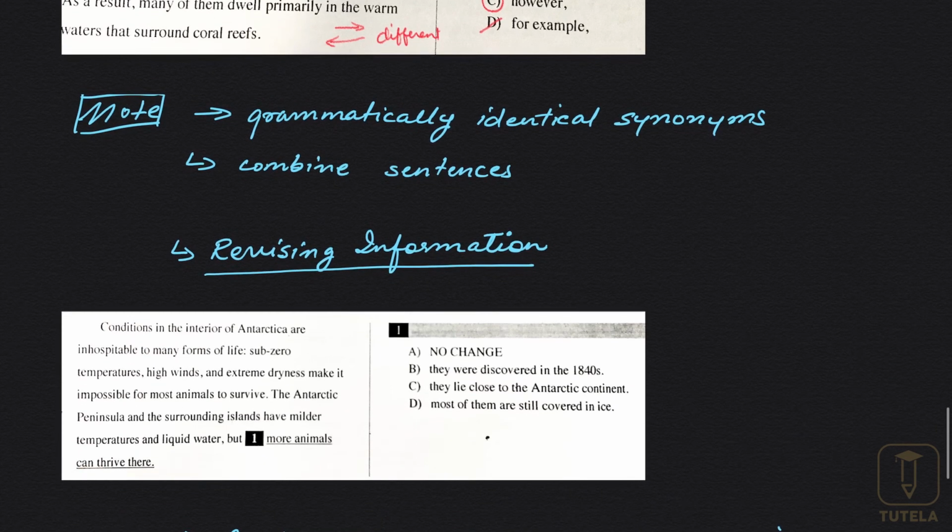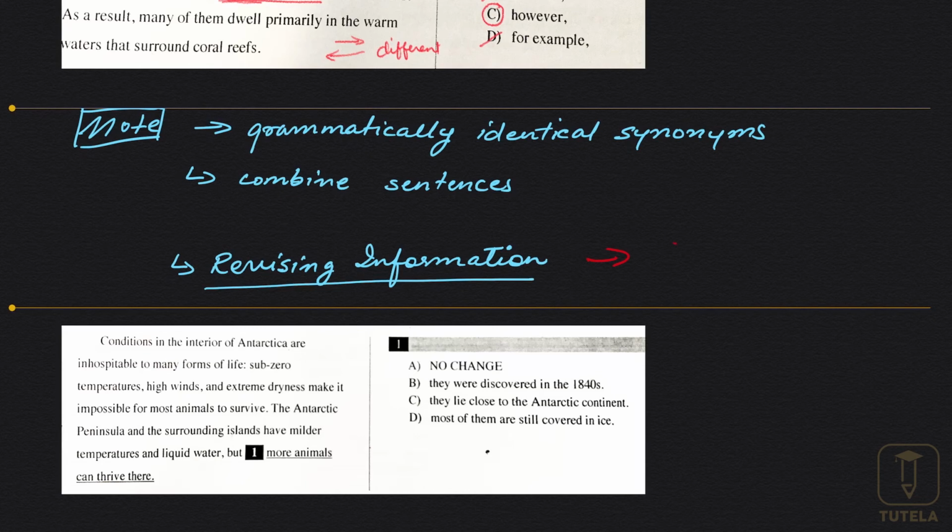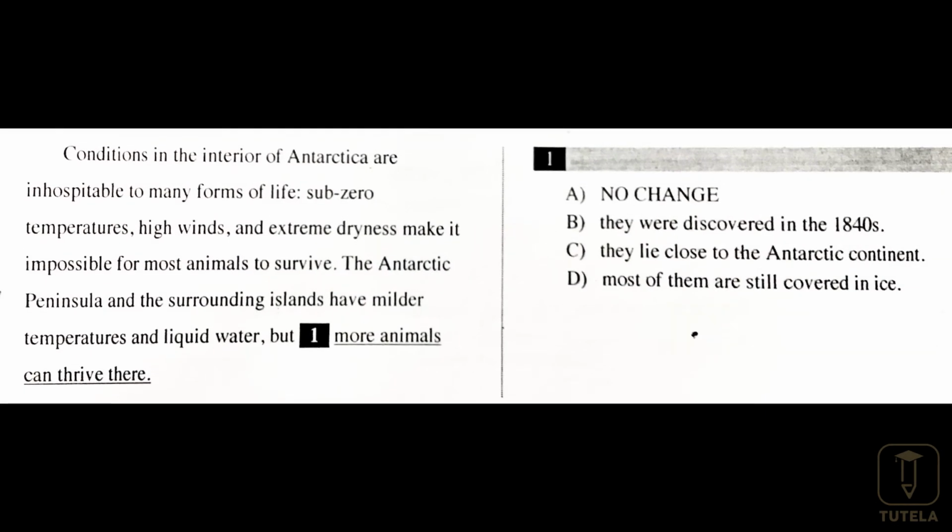There is another type of question called revising information question, which is common in the SAT test. Let's take a look at this typical question type. As you can see here, you are being asked to revise the information in the given sentence.